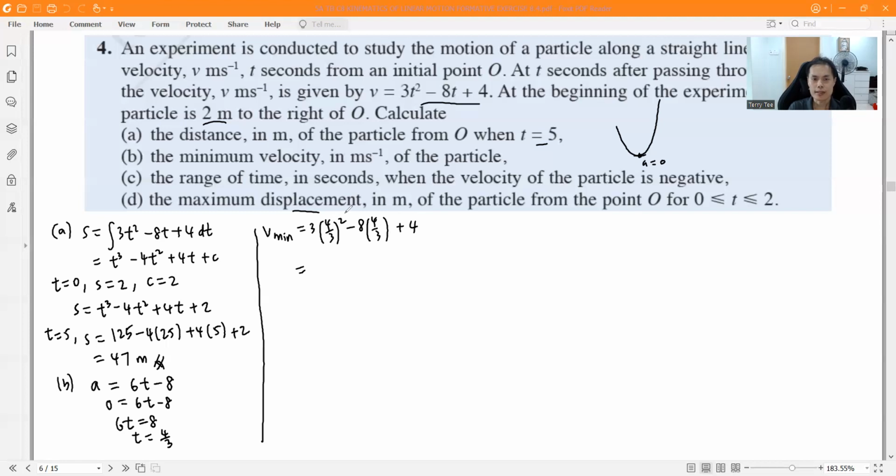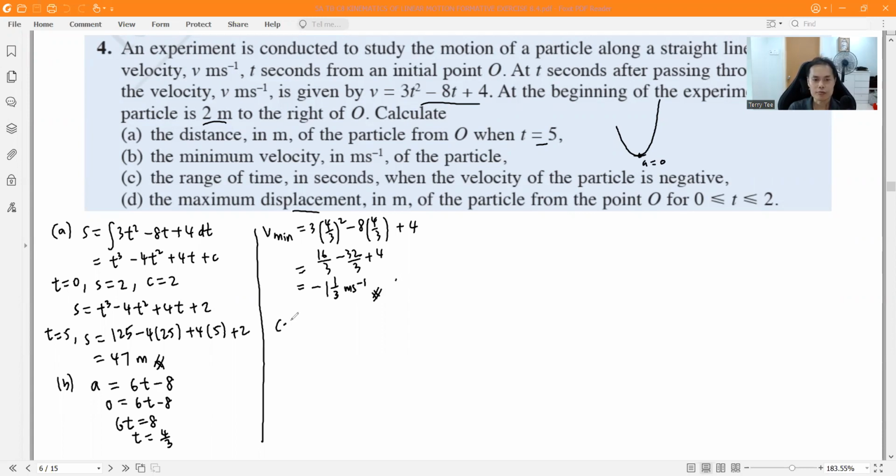This is 4 squared, 16, over 9, minus 32 over 3, plus 4. 16 over 9 minus 32 over 3 is negative 16 over 3, and negative 16 over 3 plus 4 is negative 1 over 3. If you're not sure, you can just use your calculator. Just type it into your calculator and you'll get this answer.